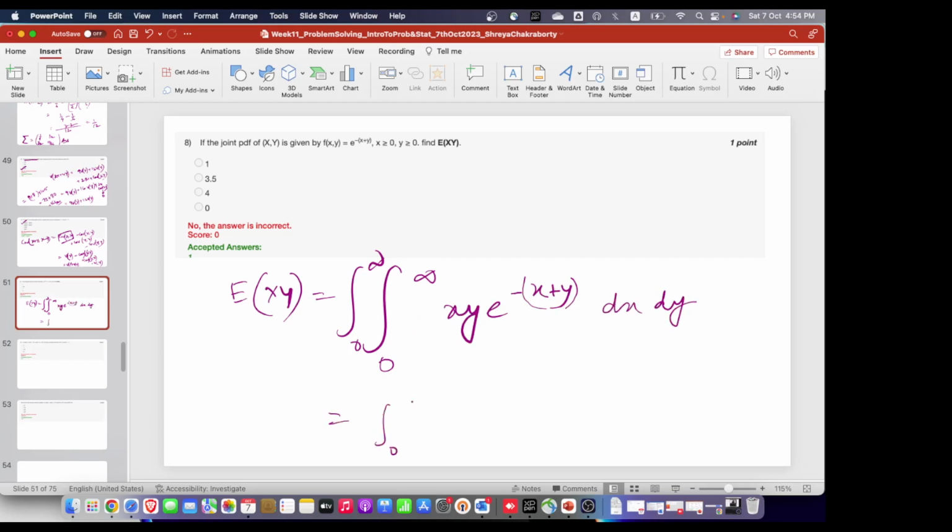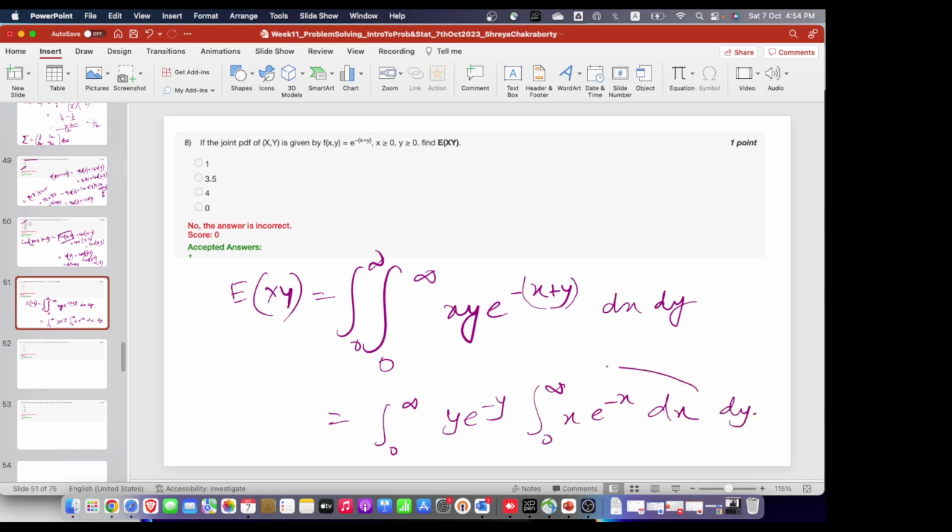Since this can be separated out, we can write it as the integral of y e to the power minus y times the integral from 0 to infinity of x e to the power minus x dx, and dy.